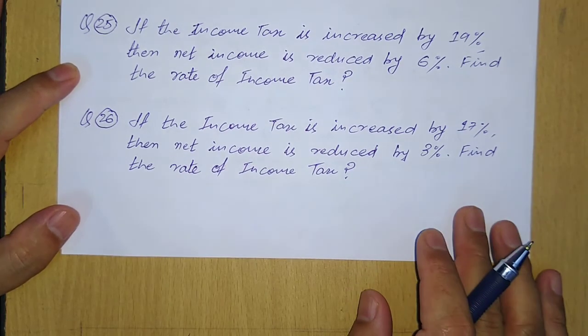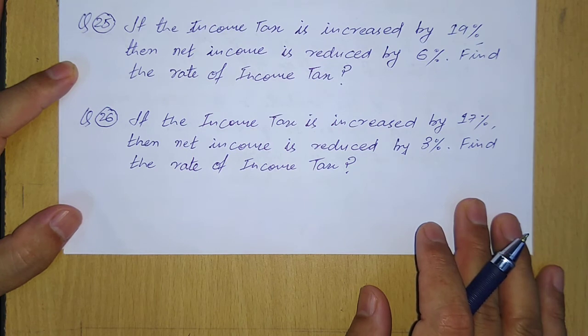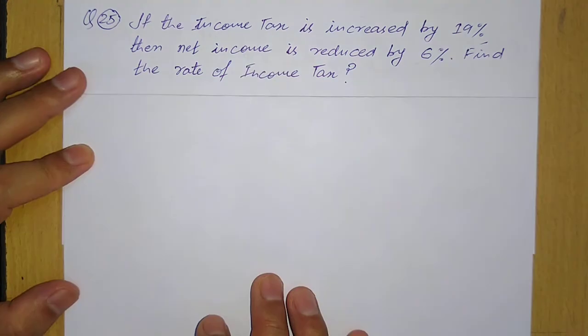Let's see question number 25. If the income tax is increased by 19%, then net income is reduced by 6%. Find the rate of income tax.